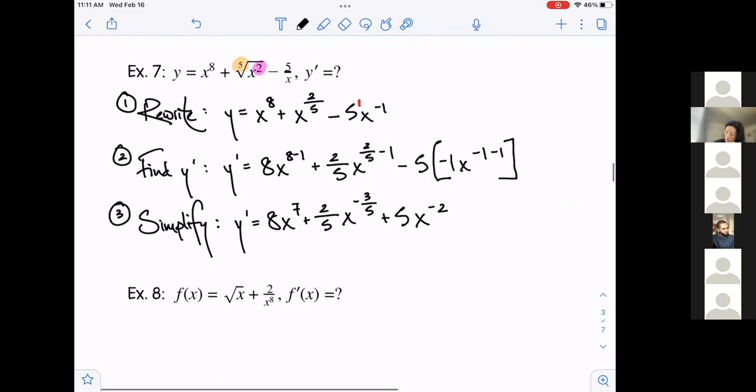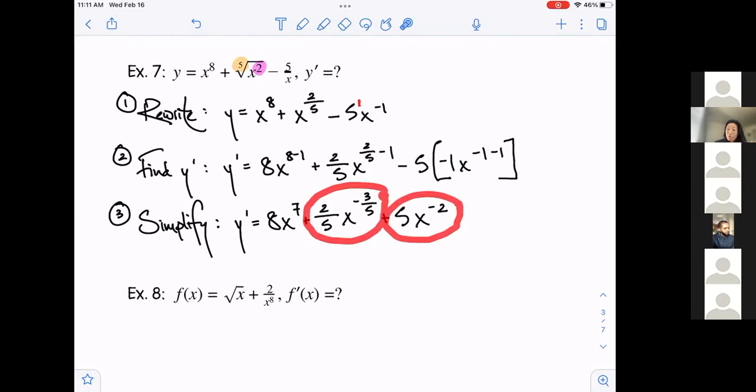And as was suggested earlier, it's good practice to put your answer in the same form that the question was asked. So that would mean no more negative exponents or fraction exponents here.